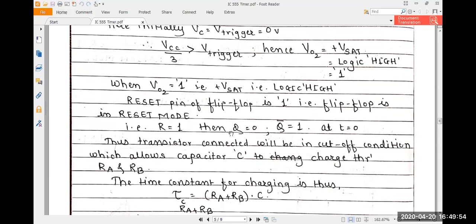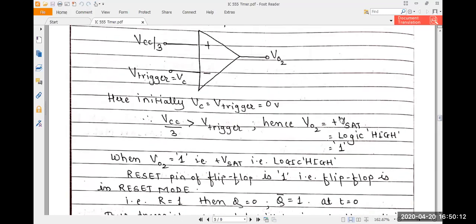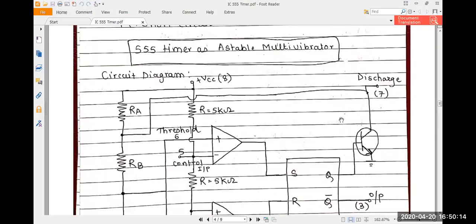Now, as we all know, the Q output of the SR flip-flop is connected to the transistor. So when it is 0, the transistor would be in cutoff condition. If you see in the diagram, when the transistor is in cutoff condition, this particular path is disconnected, it won't be there in the circuit.